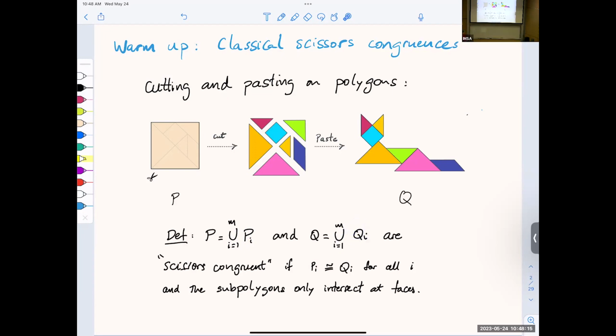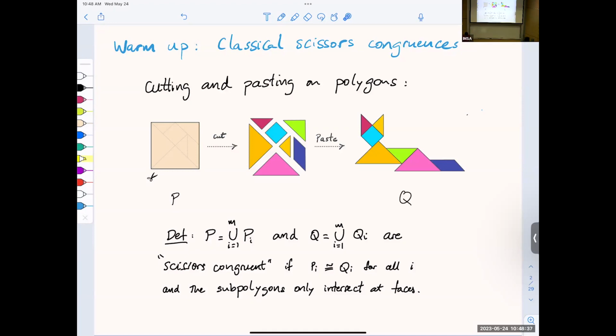Well, you say that they're scissor congruent if all of the pieces are isomorphic and the subpolygons only interact at the faces. So that's what I was saying. There's a rule that you're not going to take a subpolygon and overlap it with another polygon. You're only gluing along the boundaries, along the faces.